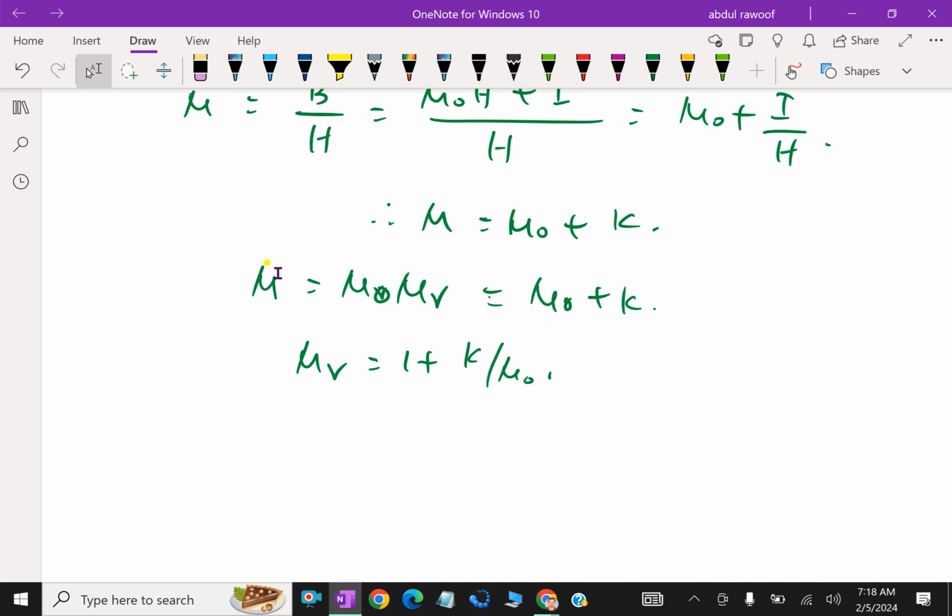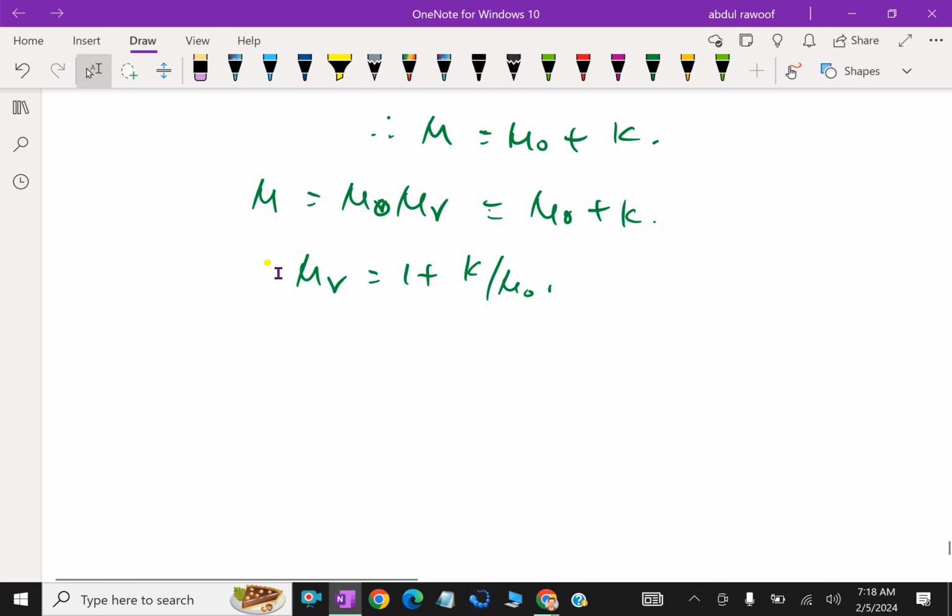For diamagnetic material like bismuth, mu R is less than 1. That means for different types of magnets, the mu R varies from more than unity to less than unity.